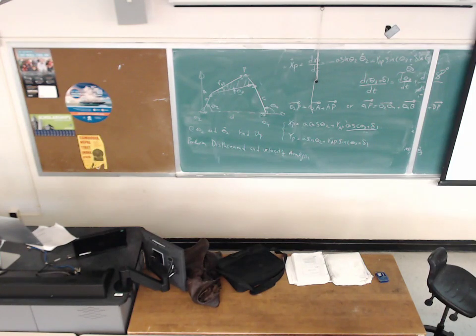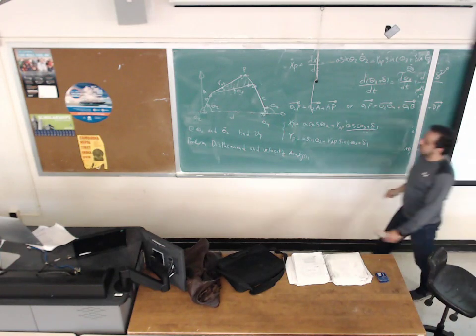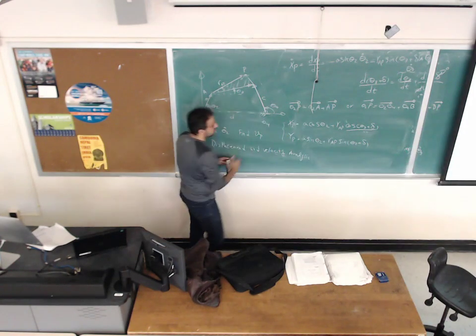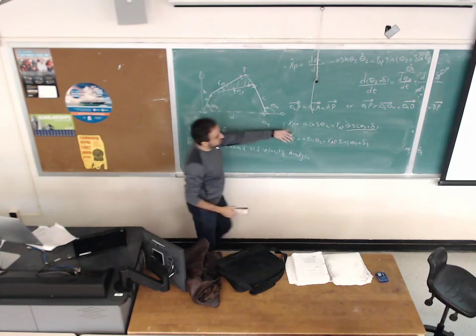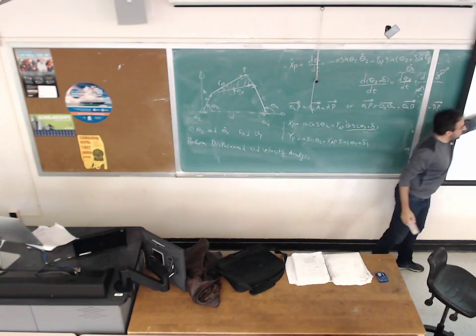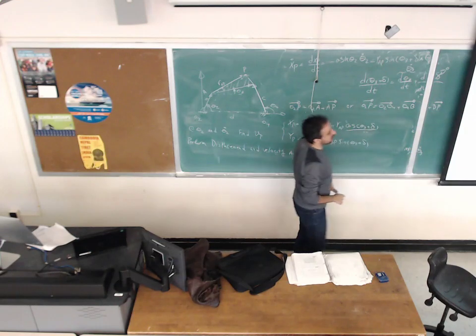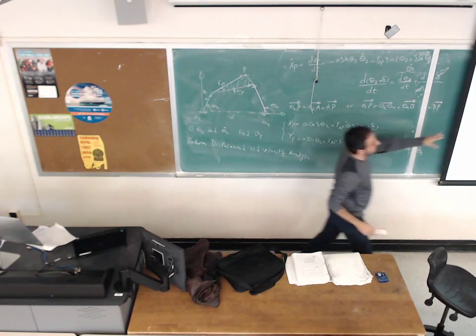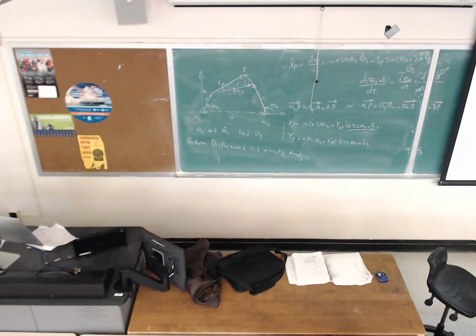To derive the velocity equation, you first get the displacement equation, and then differentiate both sides with respect to time. Displacement equations are non-linear, but velocity equations are linear in the unknown variables we are looking for, so we can solve simply in matrix form.